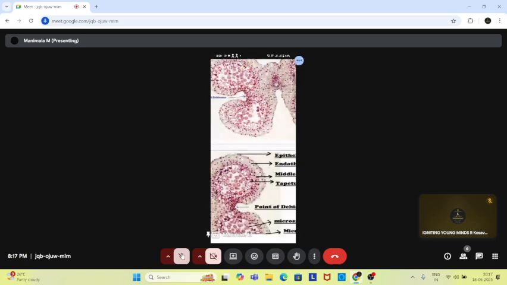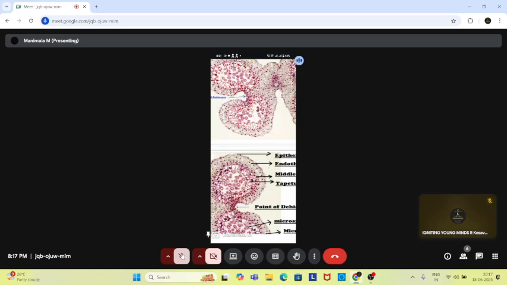In a dithecous anther, how many stamens are there? One stamen. How many lobes are present? Two lobes. Then how many pollen sacs, or pollen chambers, do we have? Four chambers. In a monothecous anther, how many lobes are present? Only one lobe.